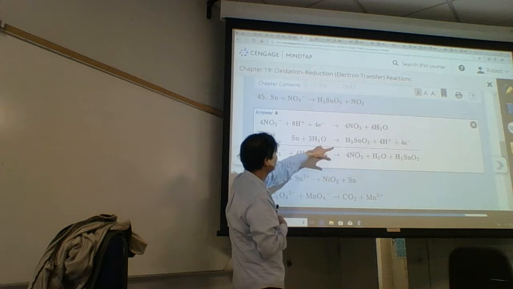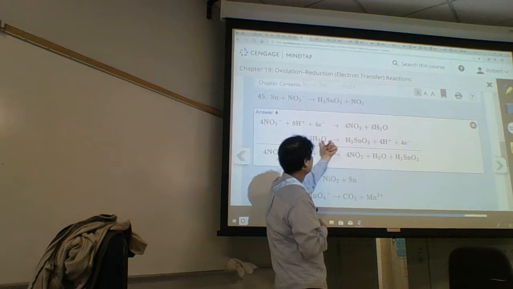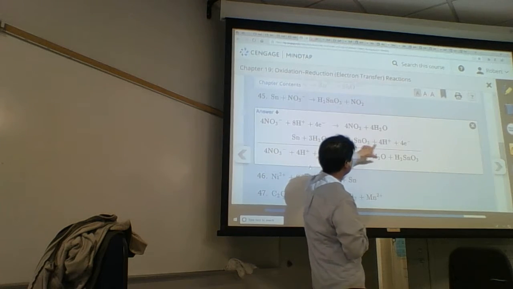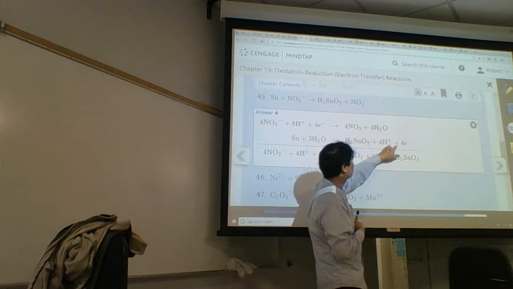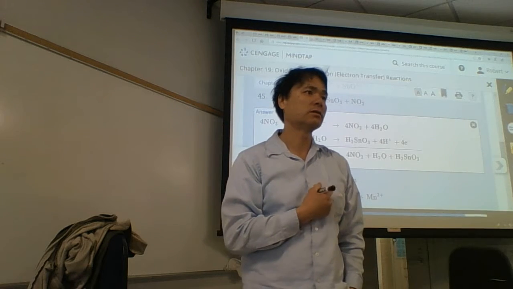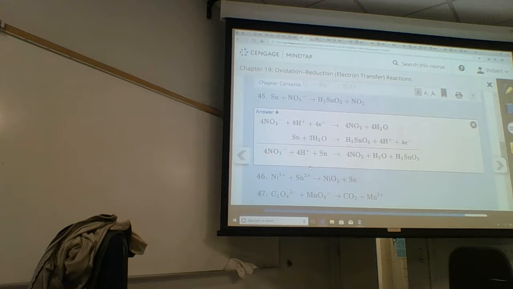Same thing with the tin. Balance the tins first. Balance the oxygen: 3 oxygens here, no oxygens here, add water. Balance out the hydrogen: 6 hydrogens now, 2 plus 4 gives us 6 hydrogens. Balance out the charge, 0, and then plus 4 minus 4 is 0. And then add them together. This is skeleton redox. That's what we're doing here.